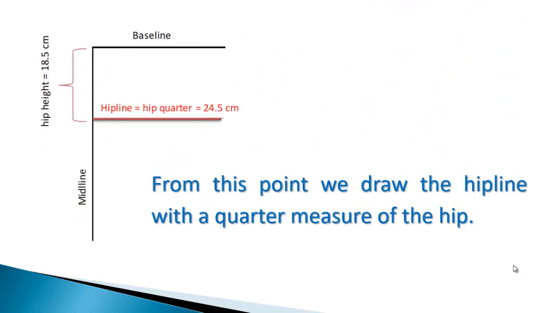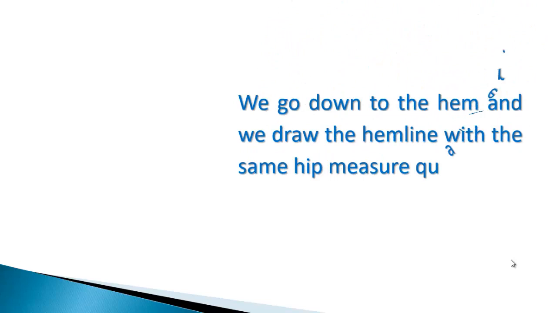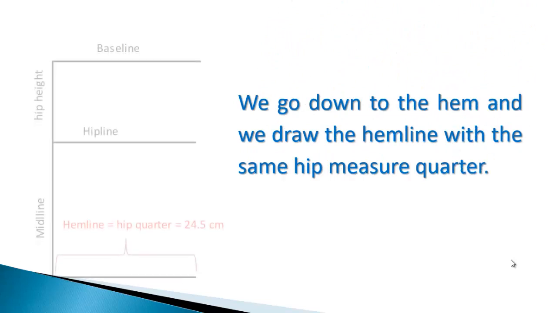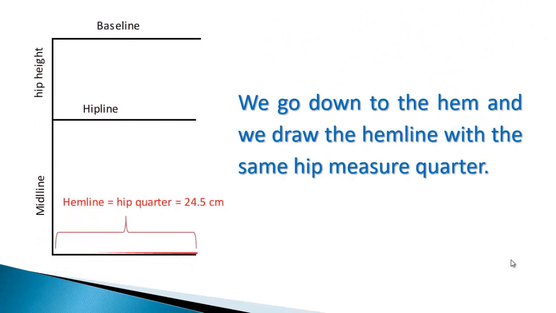From this point, we draw the hip line with a quarter measure of the hip. We go down to the hem and draw a hem line with the same quarter hip measure.